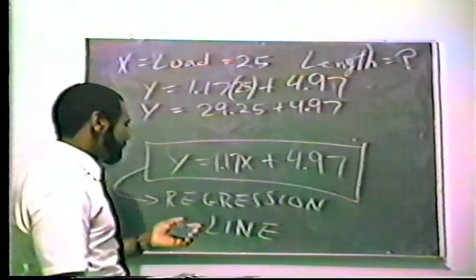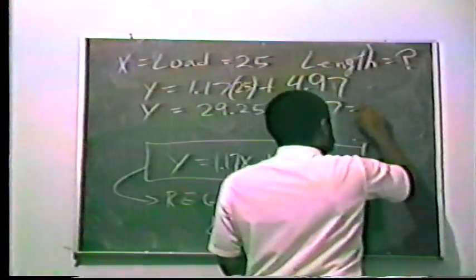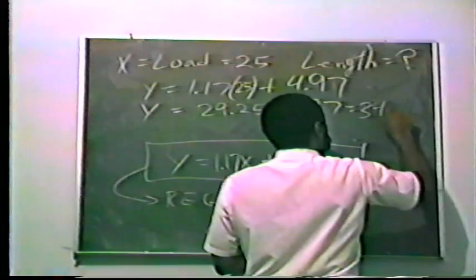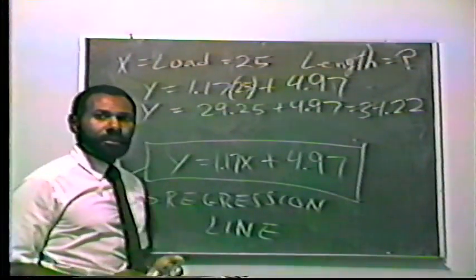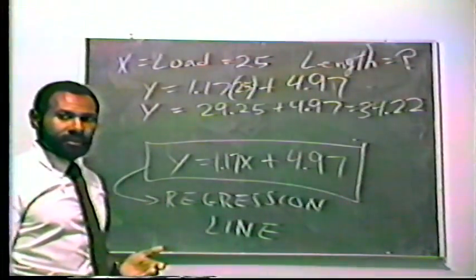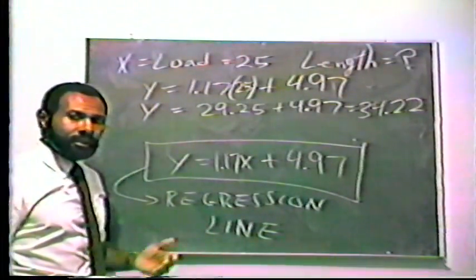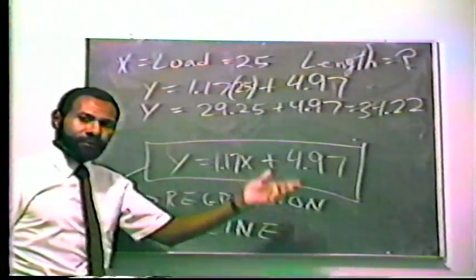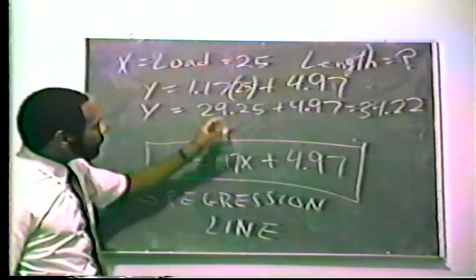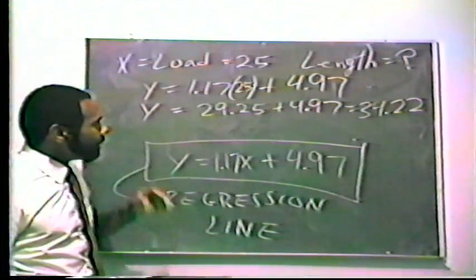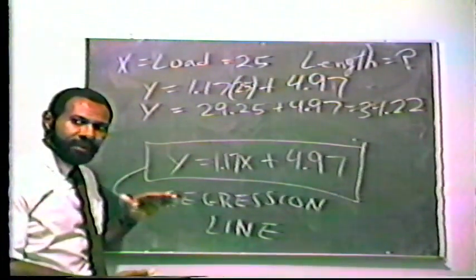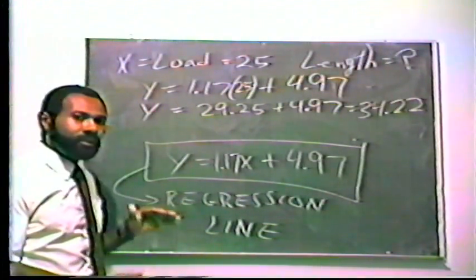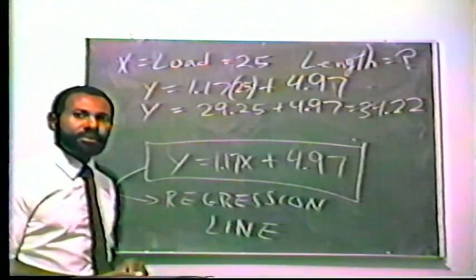And that gives us 34.22. This tells us that if we were to, sometime in the future, put a weight of 25 pounds on the spring, the length of the spring would be 34.22 inches.